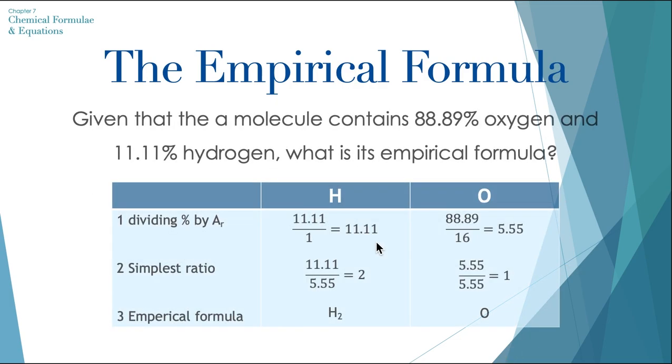And so, what we get here is 11.11 and 5.55. So the smallest in these is the 5.55. So what we do is that we divide this 11.11 by the 5.55 and for hydrogen we get 2. Then we divide the 5.55 by the 5.55 and for oxygen we get 1. And so this is the empirical formula. 2 and 1.